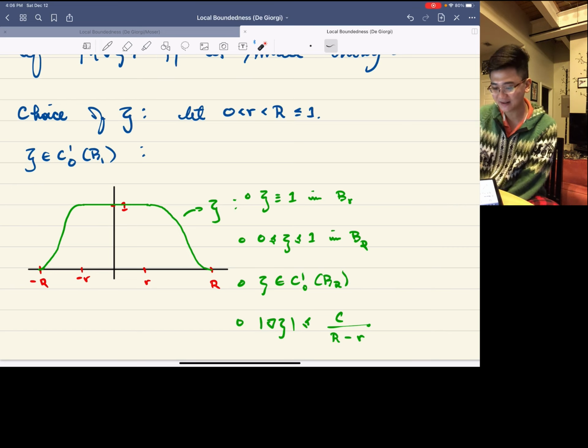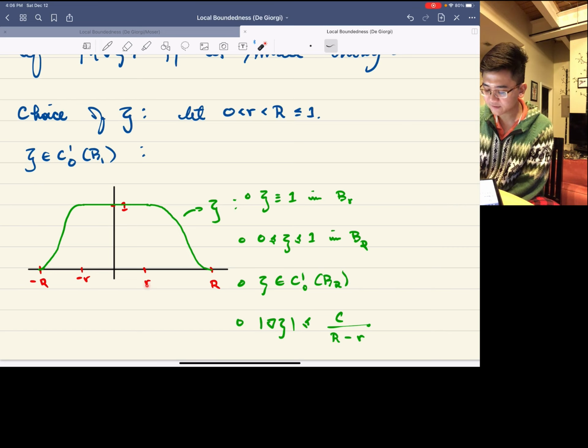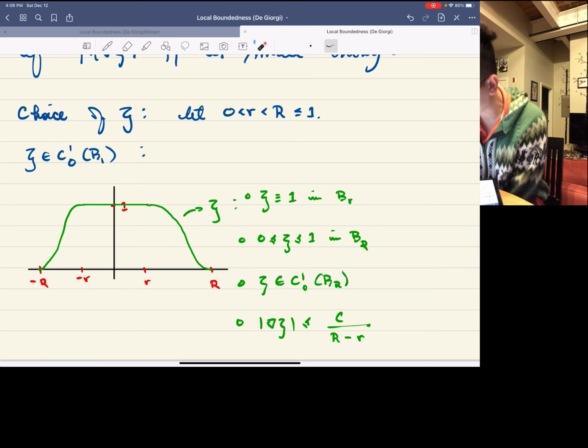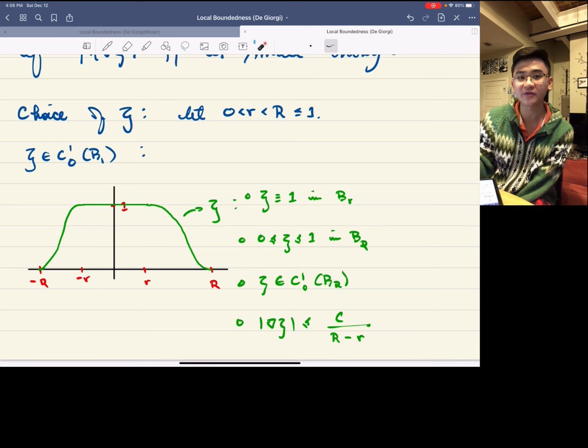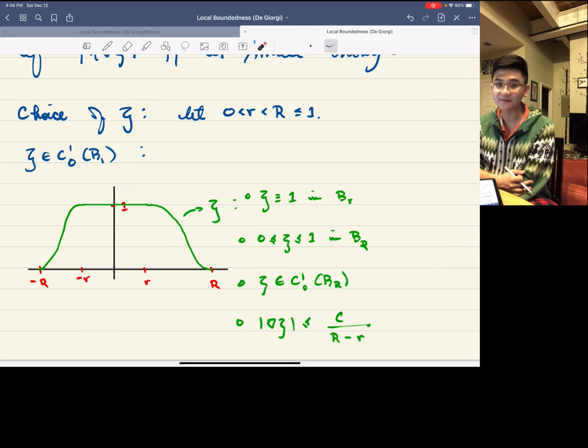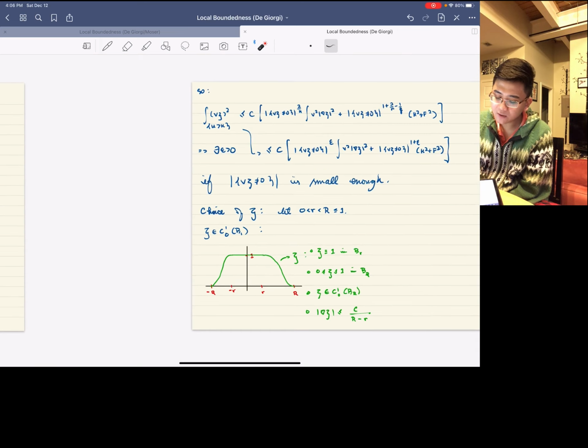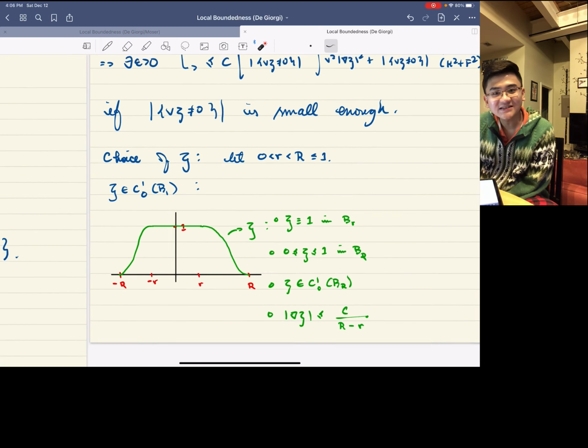I hope that makes sense. If r is far from big R, then it can be less steep. But if r is close to big R, and the function starts from 1 and you want it to be 0 at big R, it has to change quickly. It's going to be steep. And the steepness is a measure of the size of the gradient. Okay, so we choose such a zeta.